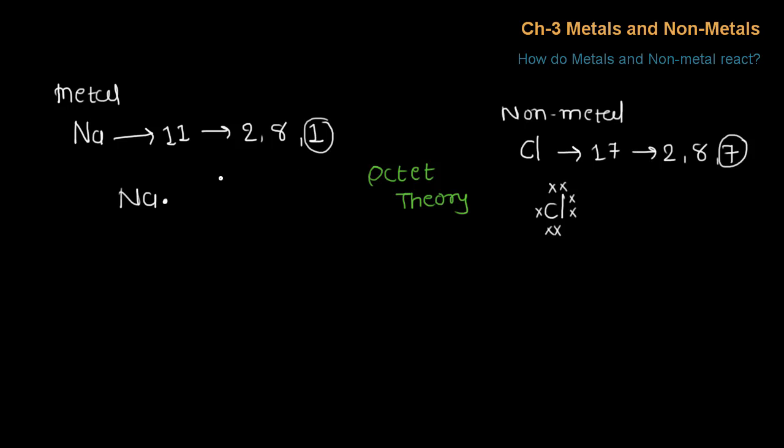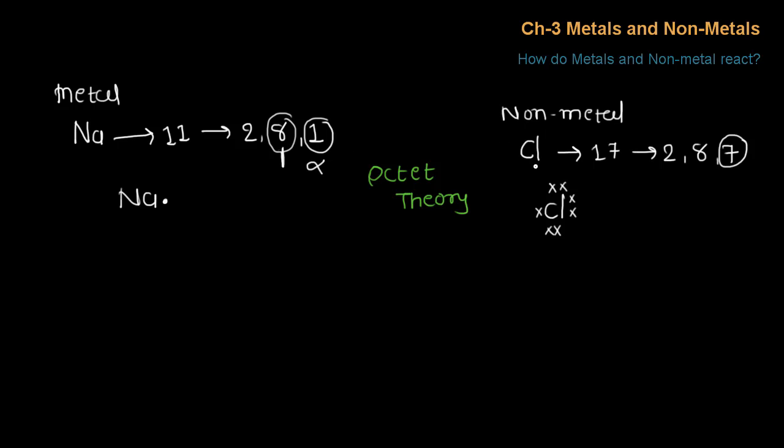If sodium loses this 1 electron, then its last shell, the valence shell, will be finished, and the previous shell will be the valence shell of the sodium. So how many electrons in its valence shell? After losing the 1 electron, there are 8 electrons and it is completely filled.